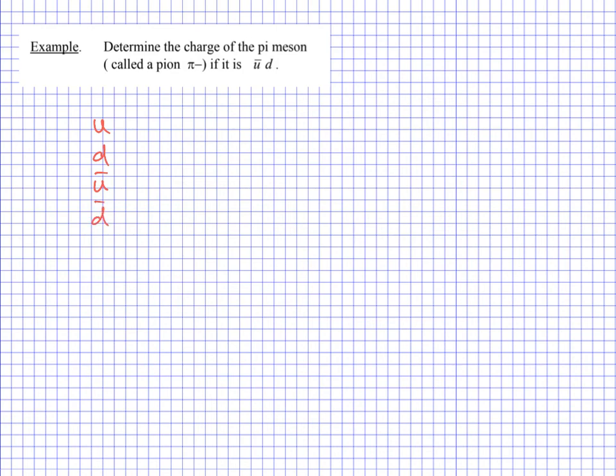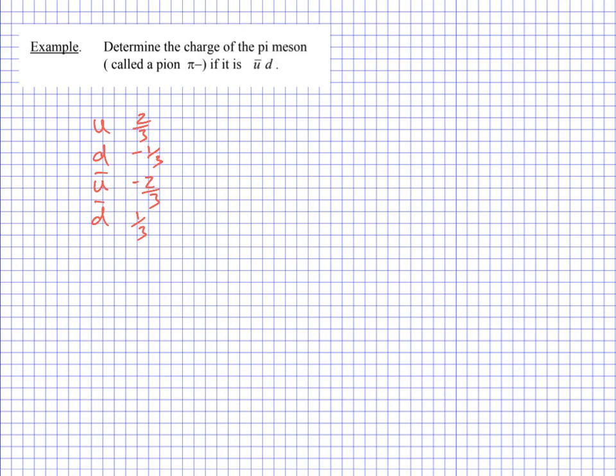If they're made of these things, then we can determine what the actual charge is, because as you know, a regular up quark is a plus 2/3, a down quark is a negative 1/3, which means an anti-up is negative 2/3, and an anti-down is a positive 1/3.